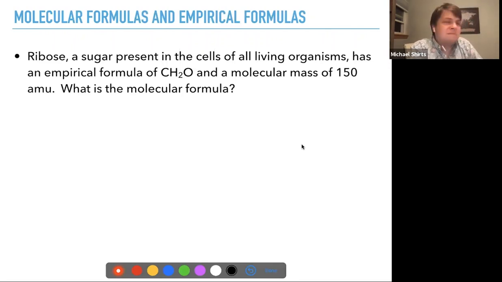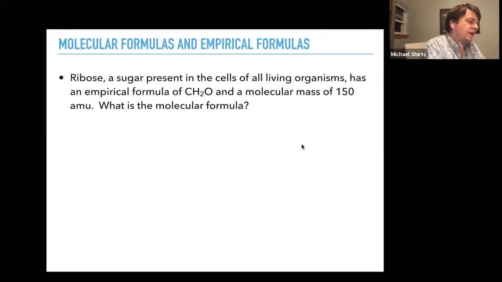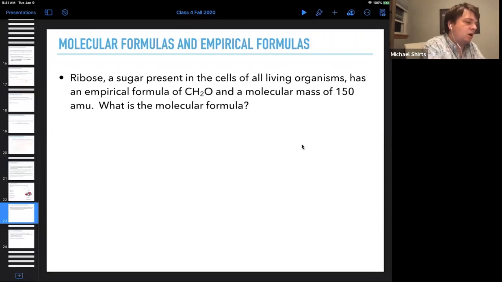Well, what's the mass of a single unit of CH2O? If the molecular formula is a multiple of the empirical formula, then the mass must be a multiple of the mass of that empirical unit.